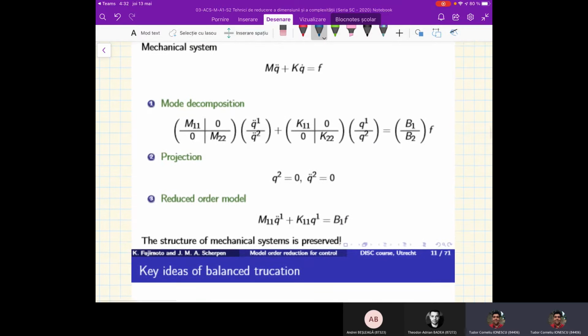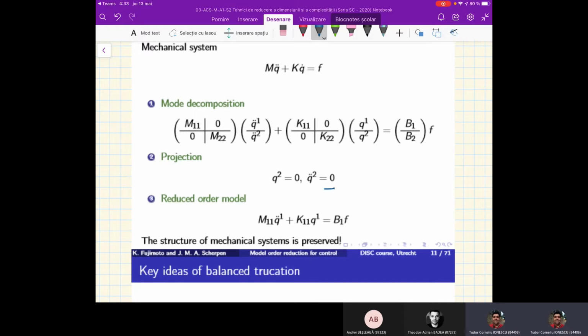Another method we haven't discussed very deeply so far, but which is quite important, is a mechanical system of this form, for instance, where you can do a mode decomposition. Mode means that you look at the eigenvalues of some matrix and you split the state into blocks according to the magnitude of the eigenvalues.